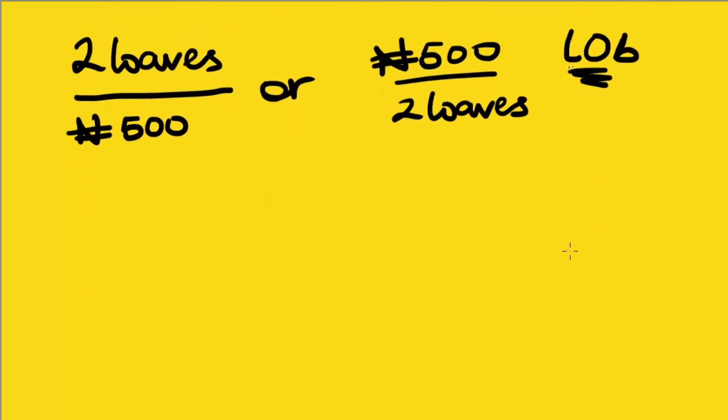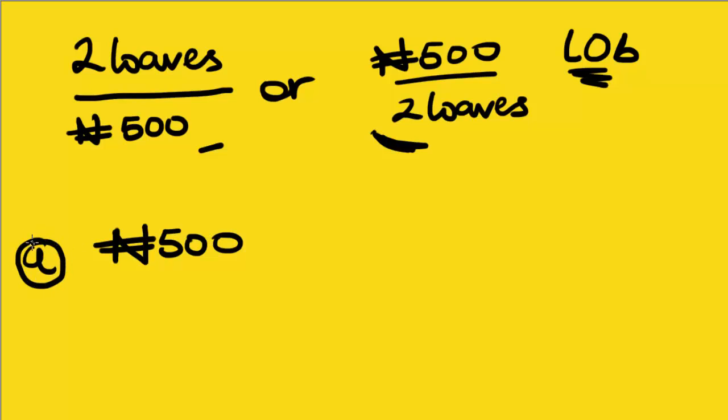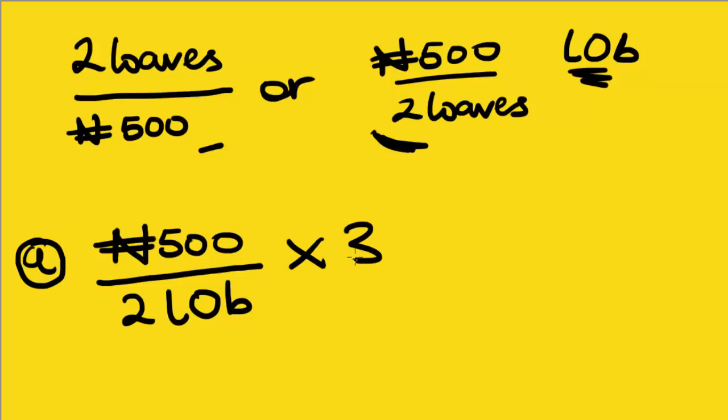So what you do is, I'm going to use this technique. I'll tell you why. I'm going to use this version, not this. You see why. 500 naira. So this is for A, which asks us to find how much it costs for 3 loaves of bread. Per 2 loaves of bread, I want to know how much it costs for 3 loaves of bread.